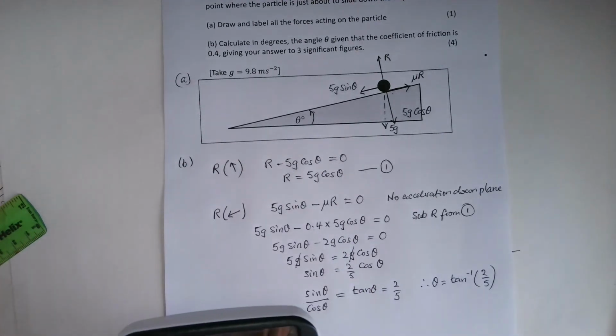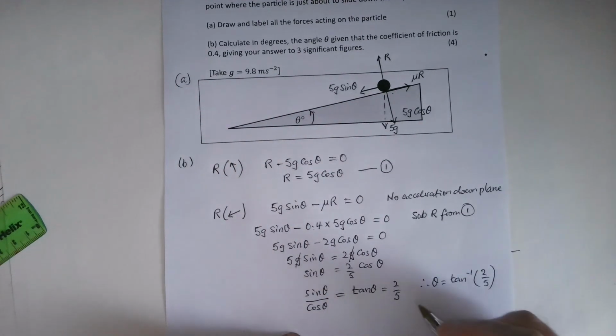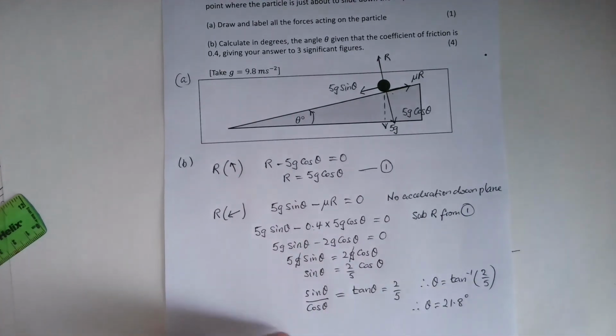And I've just double checked that I'm in degrees. Yep, I'm in degrees, so it's 21.8 degrees. So therefore theta is 21.8 degrees. Okay, so that's the end of the last of these questions.